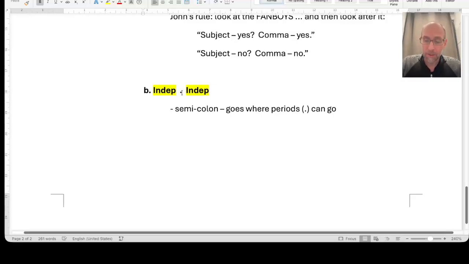However, a semicolon doesn't finish the sentence. It keeps the sentence alive with a bit of a pause and then continues with another independent clause. So you can always test to see if this is a good place for a semicolon by just substituting a period and seeing if it makes sense.